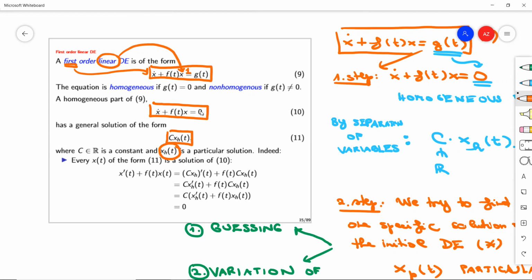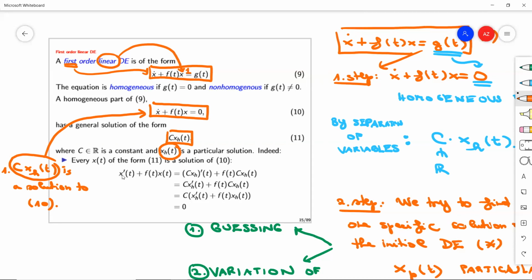Why is this true? So first, we have to check two things. The first thing is that C x_h is really a solution to our homogeneous part. You already know that everything we have to do is just plug this C times x_h into the homogeneous equation. And this is done here in these 4 lines.